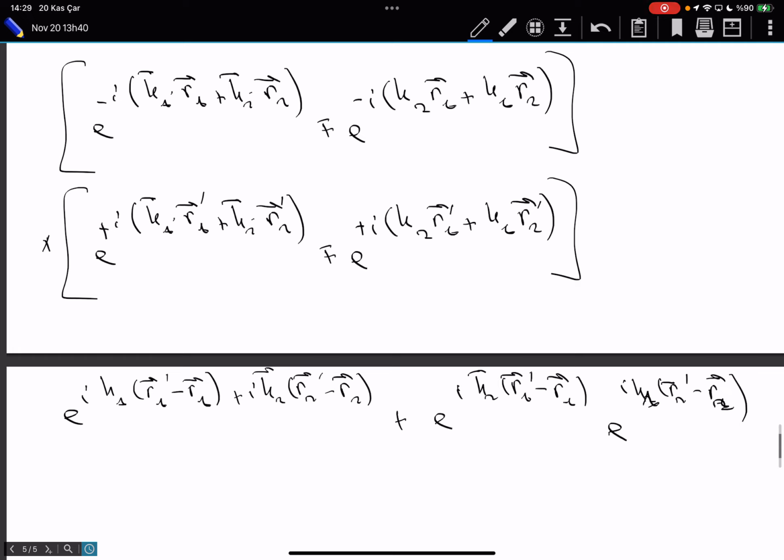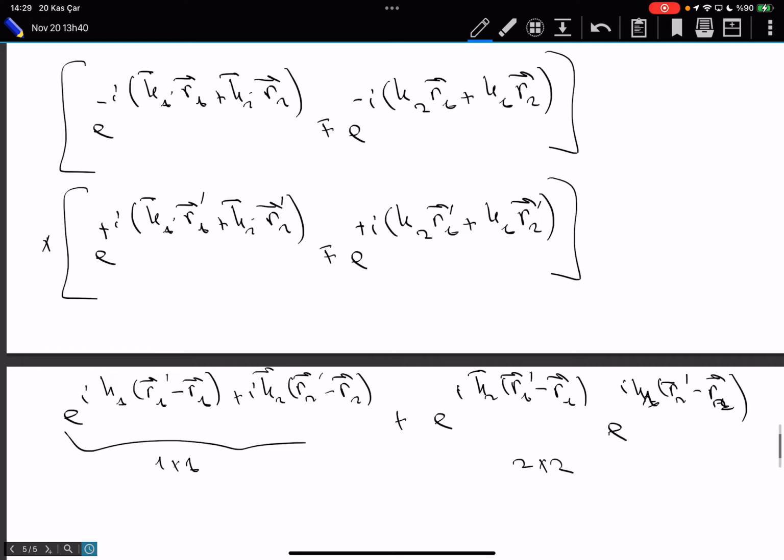The minus sign, right? This exponent will have a minus. Well, let's see. R1 prime minus R1, R2 prime minus R2, no. So this one is the first term times the first term, and this is the second term times the second term.